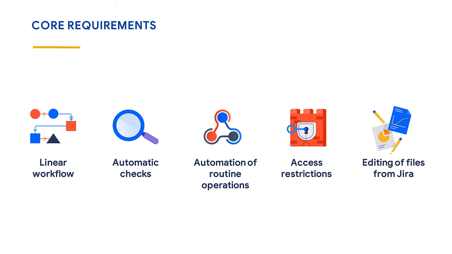The access restrictions were designed to limit access to documents so that only the Chief Security Compliance Officer has full access to these documents and can manage them the way he really needed. And the last requirement was a capability to edit documents from Jira.